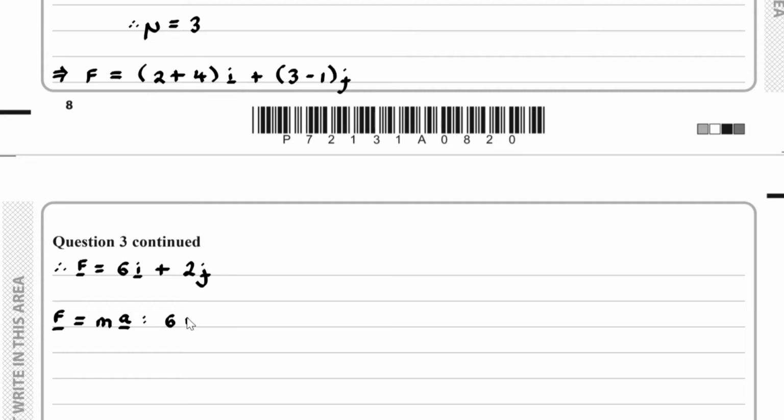So we have 6i plus 2j equals mass, which is 4, times the acceleration. So the acceleration vector is equal to 3 over 2 i plus 1/2 j meters per second squared.